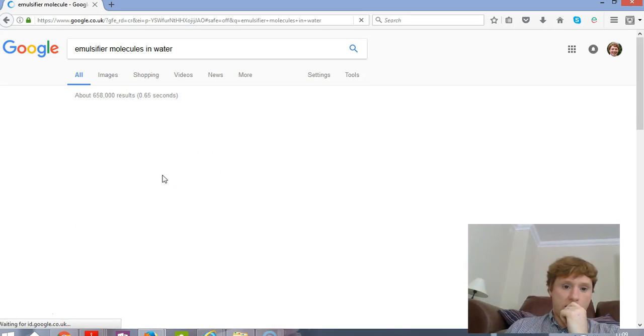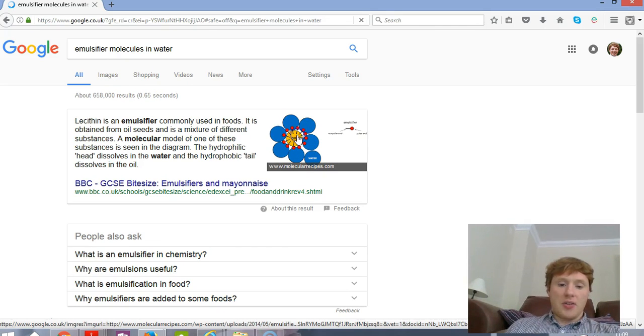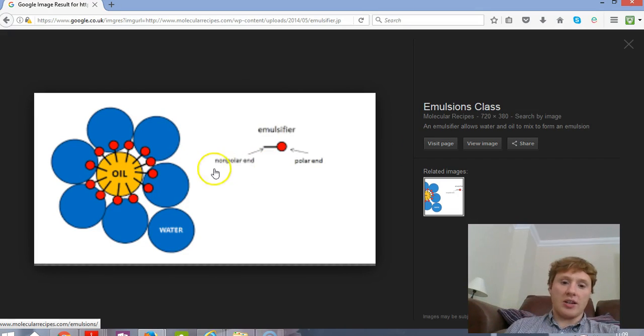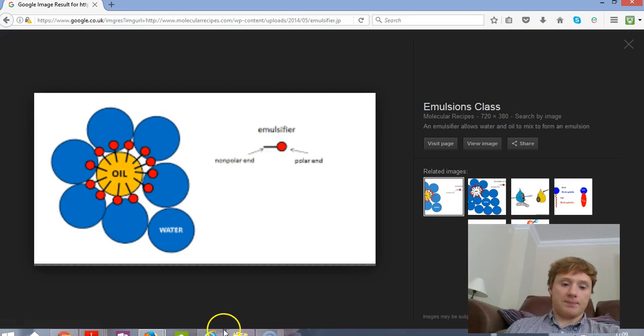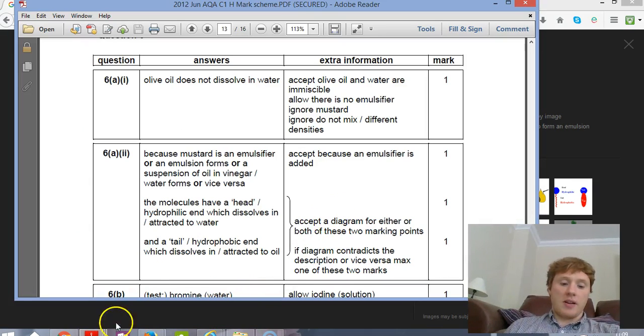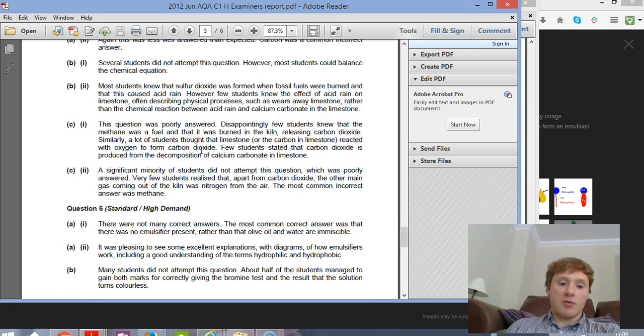There we are. That is it. So that is the image they're going for. So that would get 2 of the marks because that shows that you've got the bit that dissolves in water and the bit that dissolves in oil. Okay. So diagram through either of those points. So hopefully, seeing as there's not much to learn for that chapter, yes, excellent explanations.